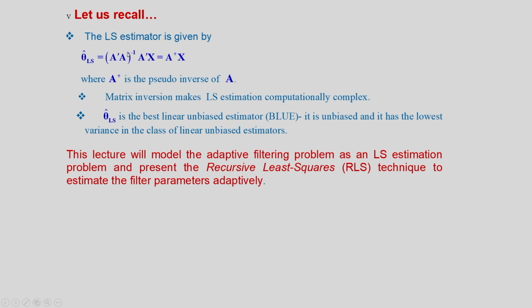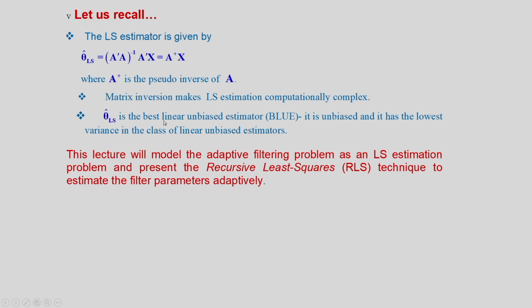Now, we see that there is a matrix inversion. This matrix inversion makes LS estimation computationally complex. We also note that θ̂_LS is the best linear unbiased estimator, BLUE. It is unbiased and it has the lowest variance in the class of linear unbiased estimators.